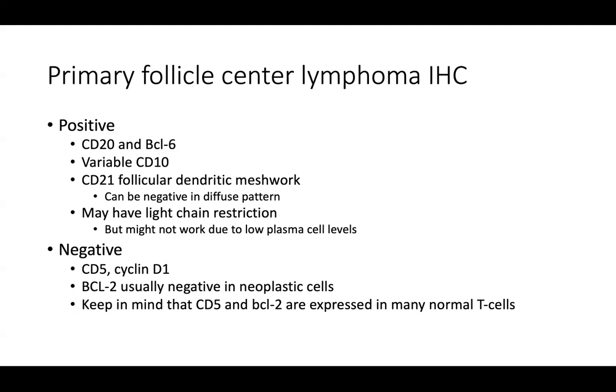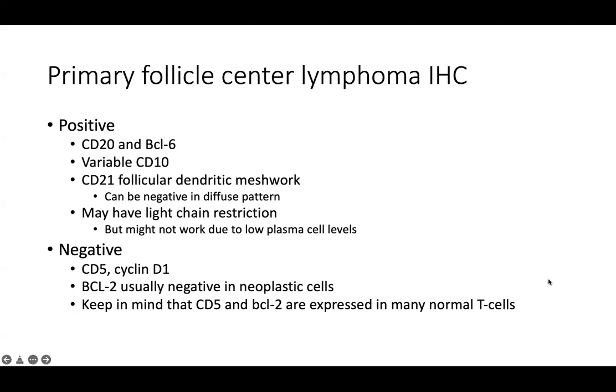going to have the BCL6 positive cells contained within that follicular meshwork. However, in the primary follicle center lymphoma, you may not see CD21 or see a very disorganized CD21, and mostly what you're going to see are these BCL6 positive cells present irrespective of where that CD21 is expressed. You may have light chain restriction, but in contrast to the marginal zone, this will not work if you have low plasma cell levels.